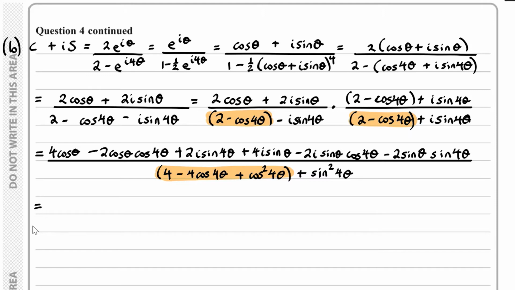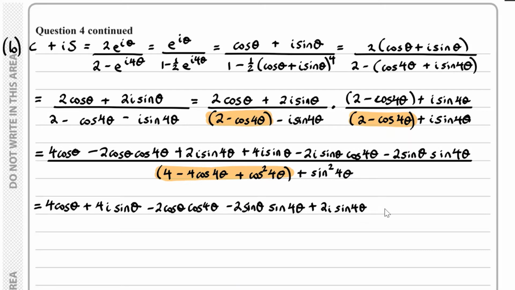so on the top, if we rewrite the top, we have 4 cos theta plus 4i sine theta minus 2 cos theta cos 4 theta minus 2 sine theta sine 4 theta and then we have plus 2i sine 4 theta cos theta minus 2i sine theta cos 4 theta.